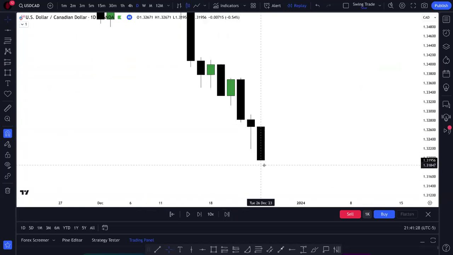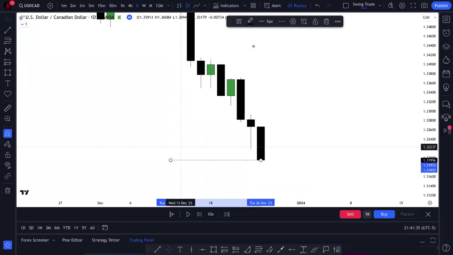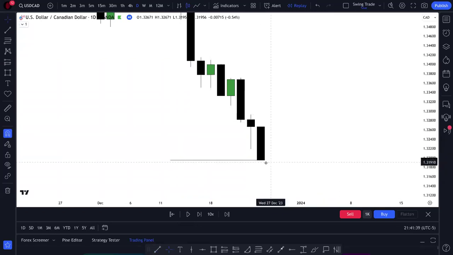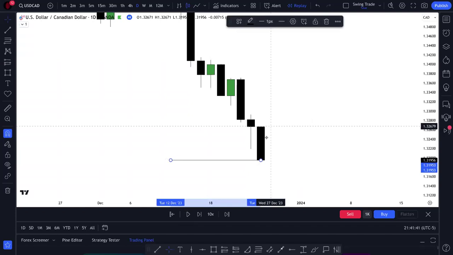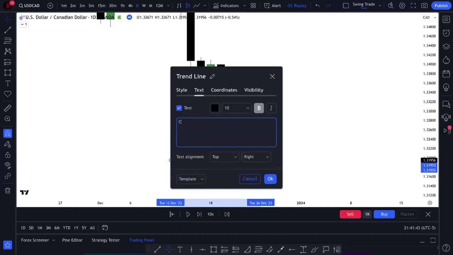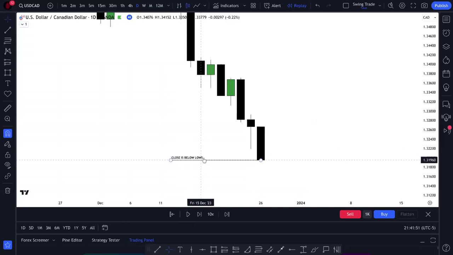This is a smash day candle. Why is this a smash day candle? By definition, by Larry Williams, read his book, Long-Term Secrets to Short-Term Trading. If you need a PDF of that book, we can get it. We can hook you up, man. This candle here, its close is below lows. It's below several lows.